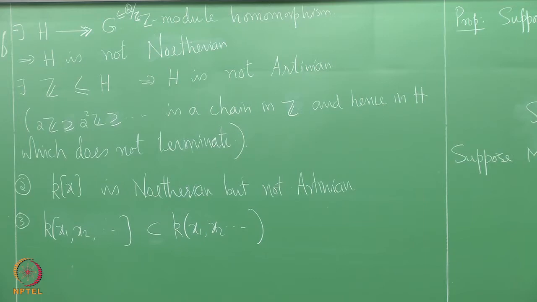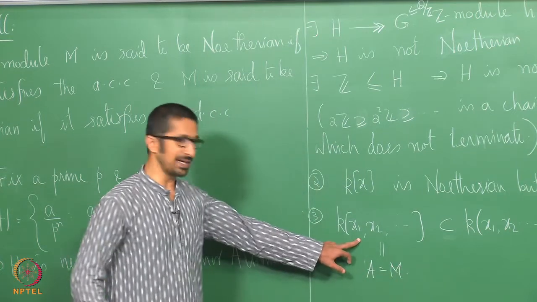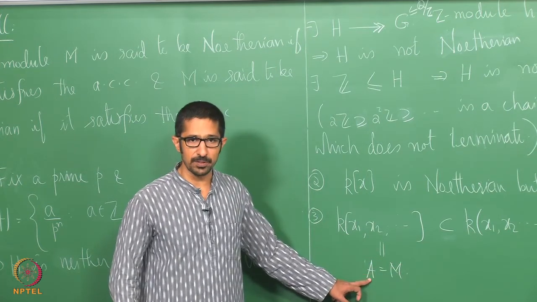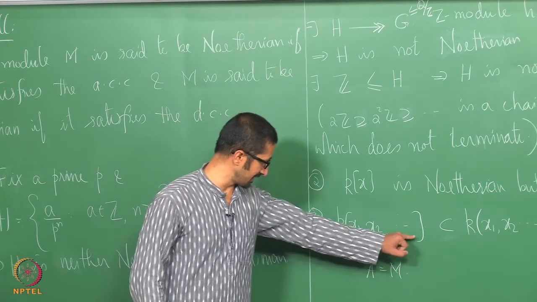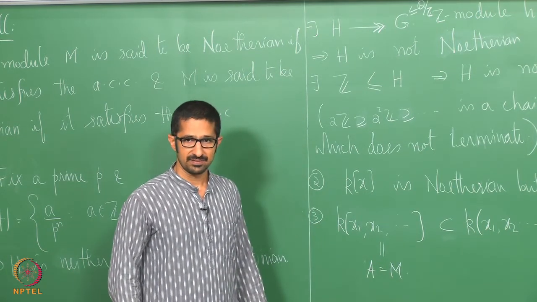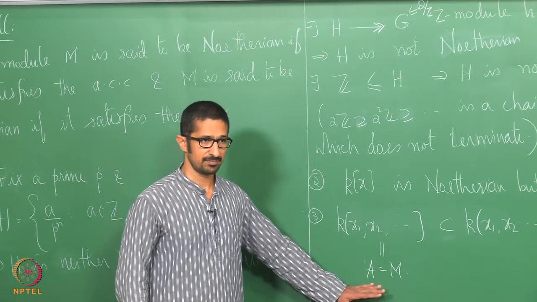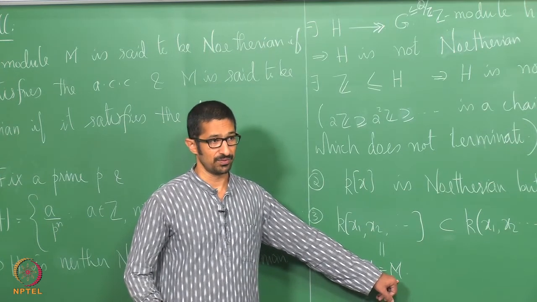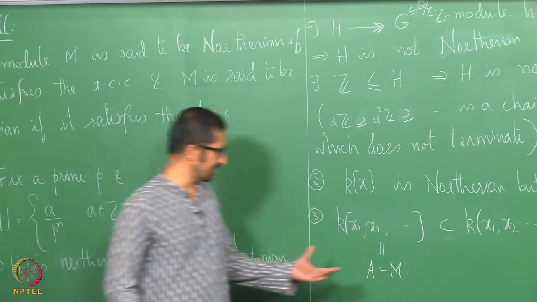See, for example, suppose this is my A and this is my M. I am saying this ring is A, which is also equal to M. It is finitely generated because 1 is a generator, right? But is M Noetherian? No.